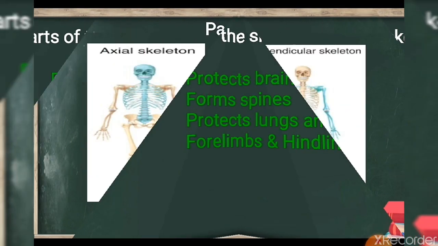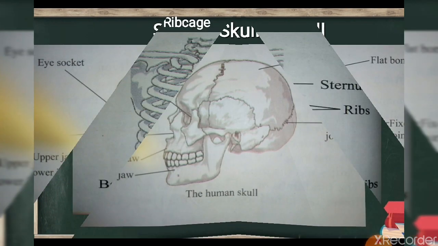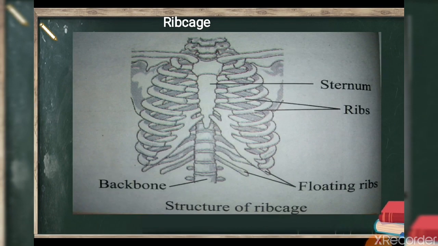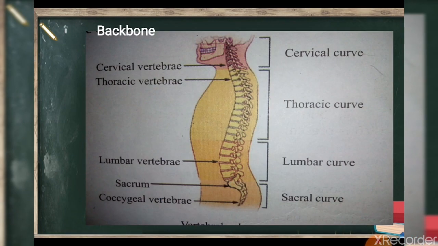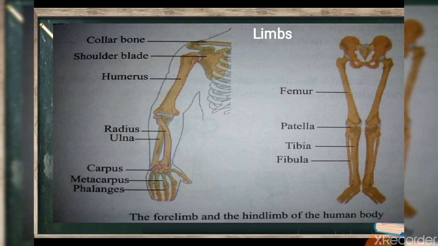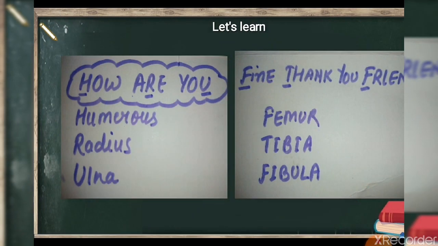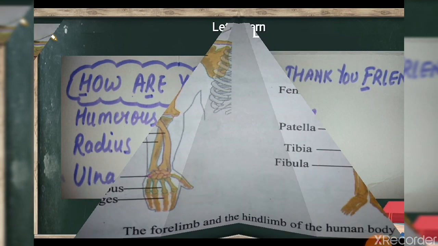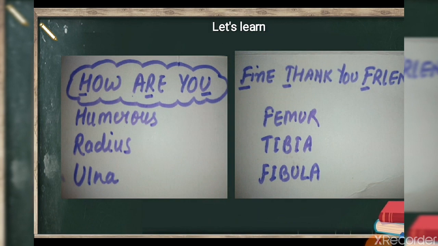As you know, the skull protects your brain, your rib cage protects your heart and lungs and other organs also. The backbone protects your spinal cord and makes you erect, makes you stand. And limbs are very necessary, doing a lot of work in your whole day. Let's learn about these limb bones. It's very easy. I have made one. If anyone asks, how are you?